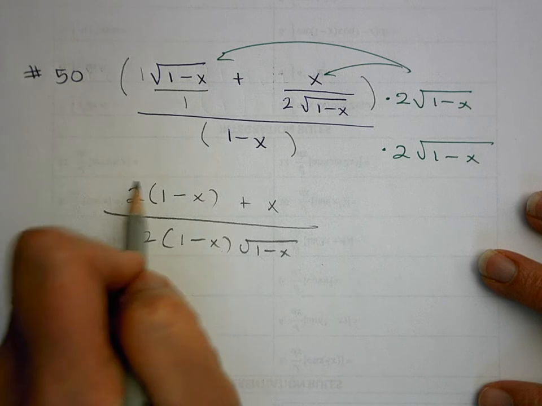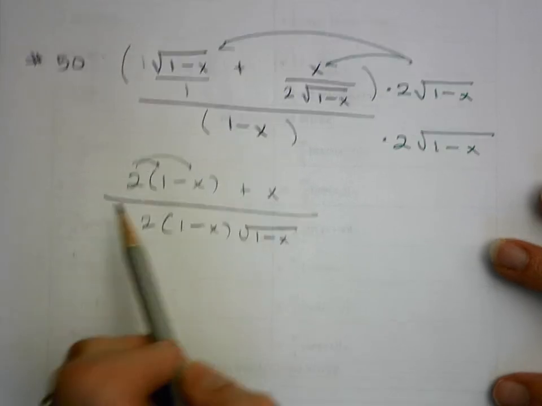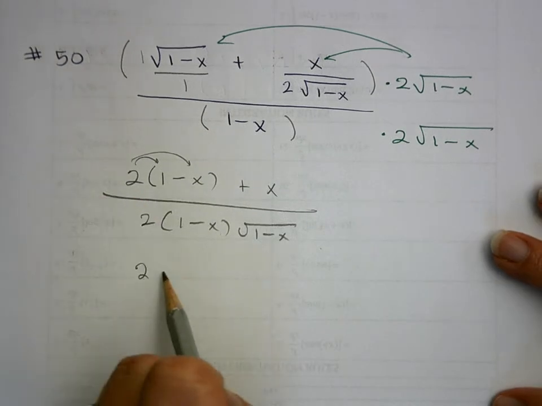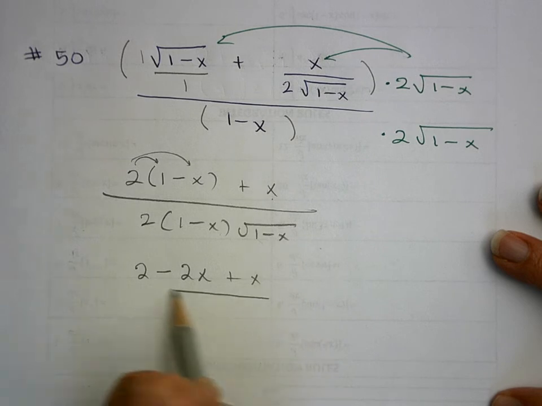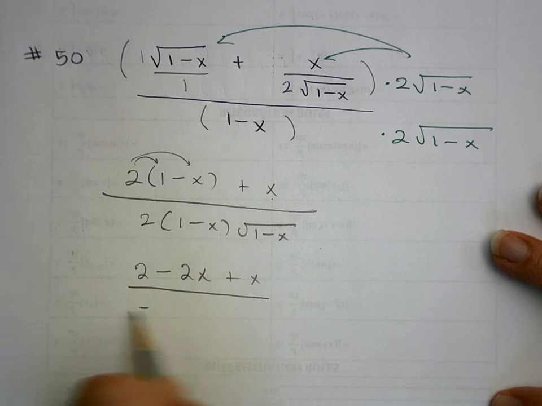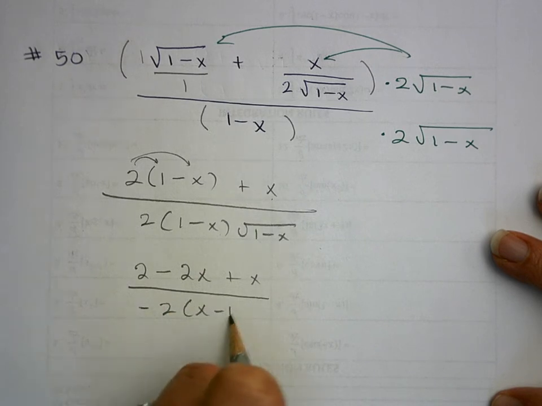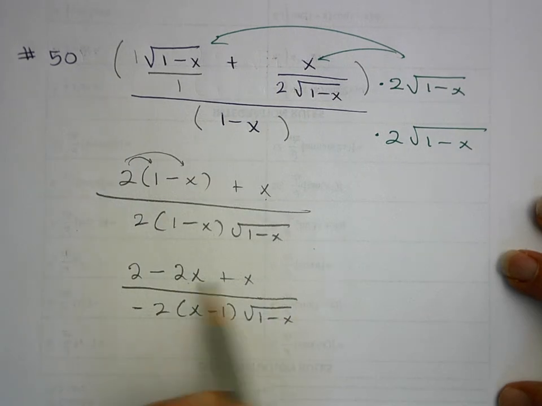So I have to distribute and then combine like terms, and then I can investigate, can I simplify that any further? So that will give me 2 minus 2x, and then I still have that plus x. And then while I'm at it, I'm going to go ahead and take out a negative here, not because I have to, but I don't like seeing that negative on that variable there. And then combine like terms.